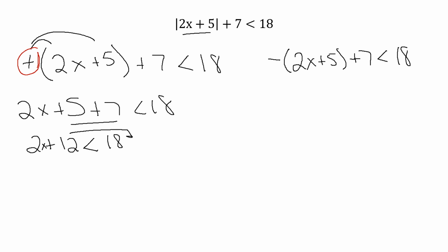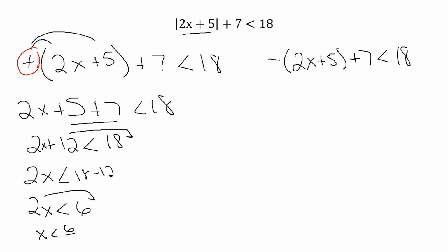Move my plus 12 over. When I do that, it becomes 18 minus 12, which is 6. So I have 2x is less than 6. Move my 2 over. I'm going to divide, but I'm dividing by a positive, so the symbol does not change. 6 divided by 2 gives me x is less than 3.